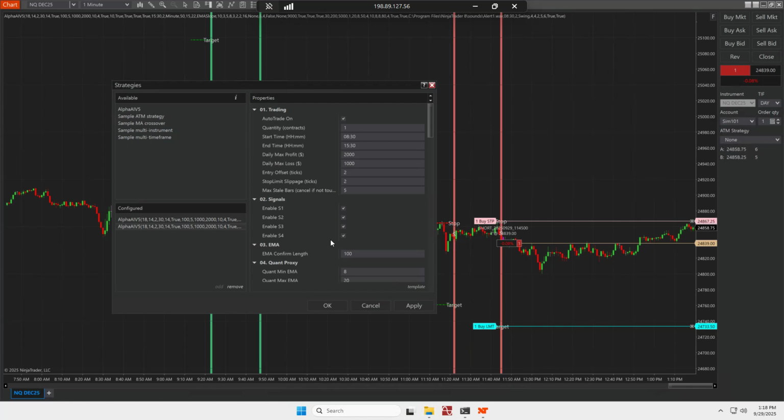I suggest Chart VPS. You can search it up. I'm not affiliated with them, but they are the best VPS out there. Get the cheapest one, I think $70 a month. Get yourself an Apex 150K account, not 250, not 50, 150K, and run this template on it.